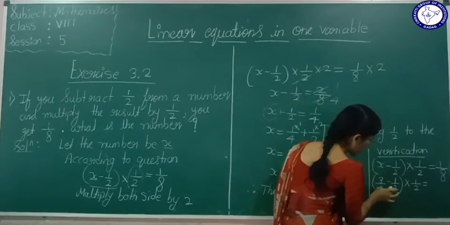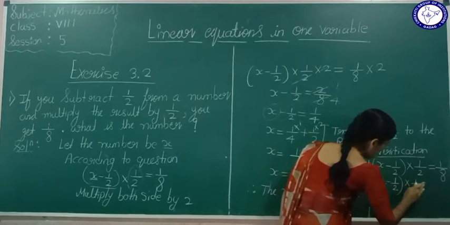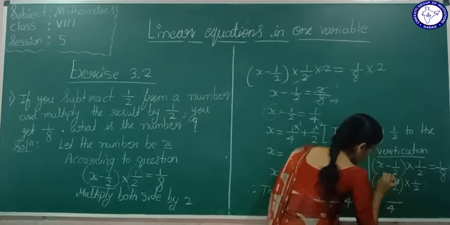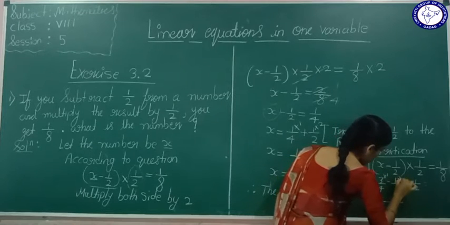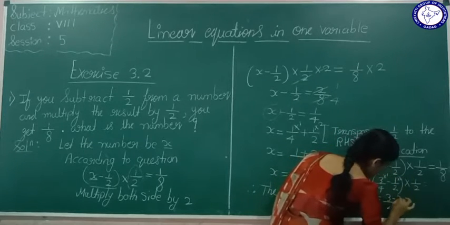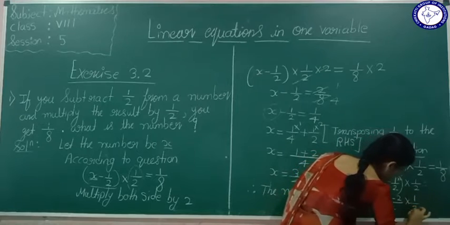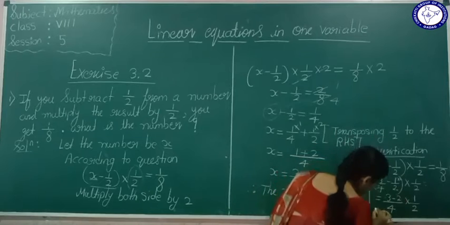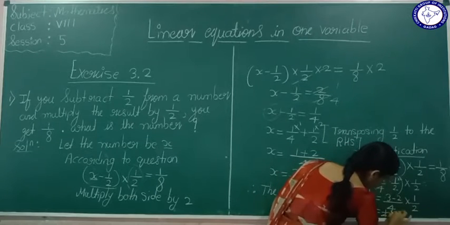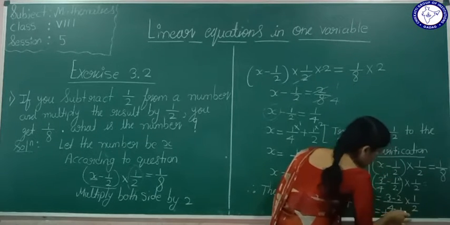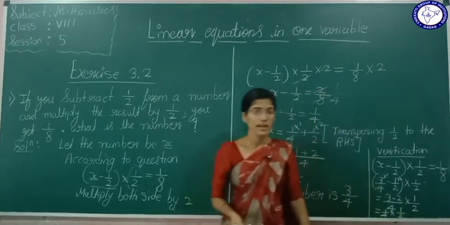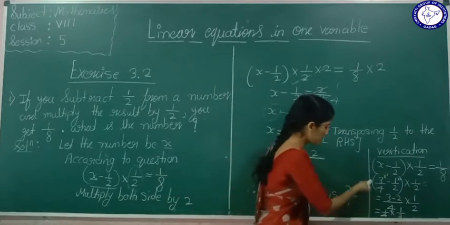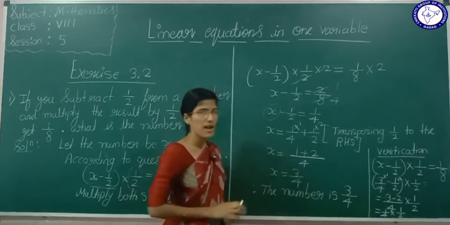The LCM of 4 and 2 is 4, so 3 minus 2 over 4, multiplied by 1/2. 3 minus 2 is 1, so 1/4 multiplied by 1/2 is 1/8. This is correct. So the number is 3/4.